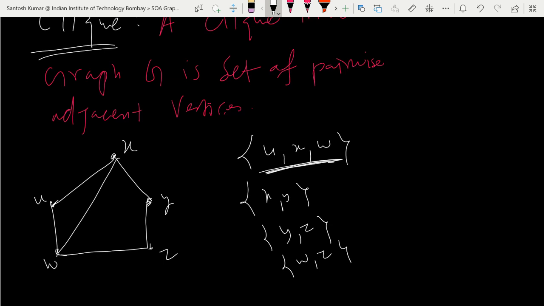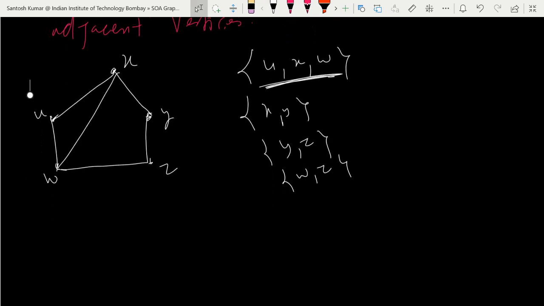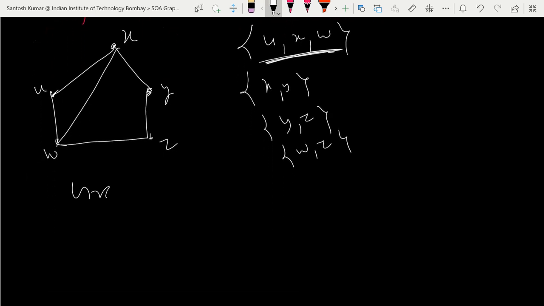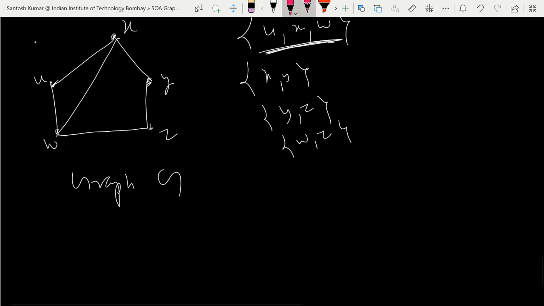UXW. Okay. What if I take the complement? So this was the graph G. Let's make the complement of this. So complement means one vertex, two, three, four, five. Okay.